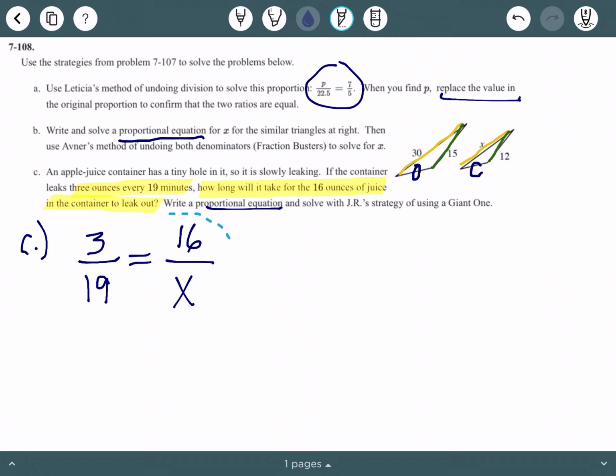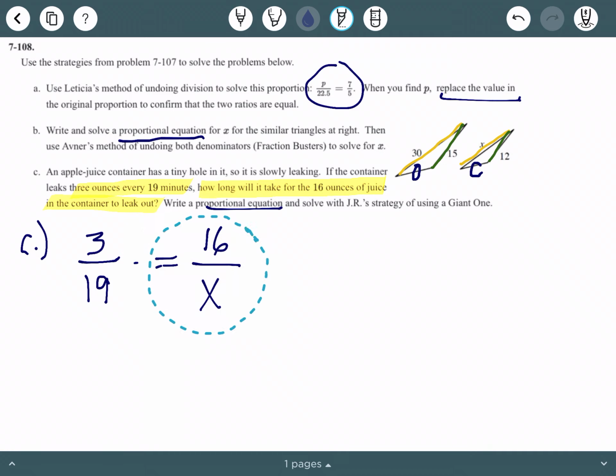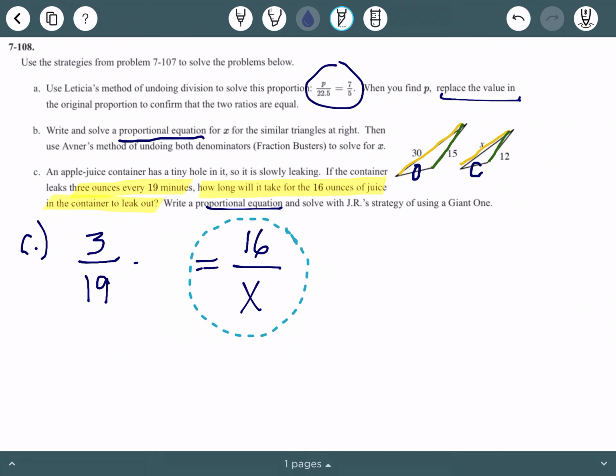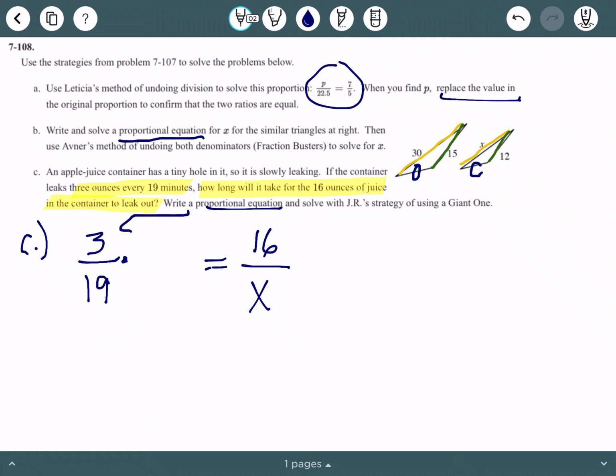So now we need to use the giant 1. So I'm going to scoot this over a little bit here, since we need to multiply by a giant 1. Alright, so now we need to figure out what we can use as a giant 1 to figure out what x equals here. So I need to figure out what I can multiply 3 by to get to 16. So again, rather than using trial and error, I can just do 16 divided by 3.